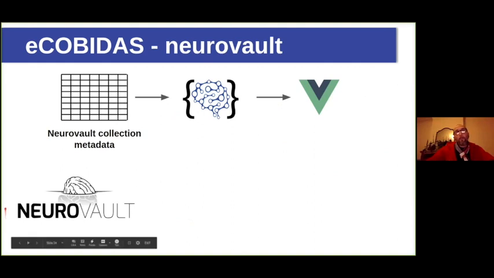The way we did this was by using the metadata that are required, or that you can fill in, when you upload a data set or some images to NeuroVault. When you upload your fMRI results there, for example, they're called a collection, and for each collection you have a set of metadata you can fill in.